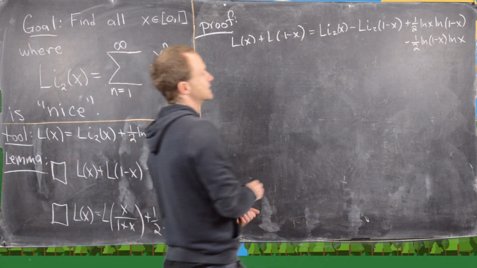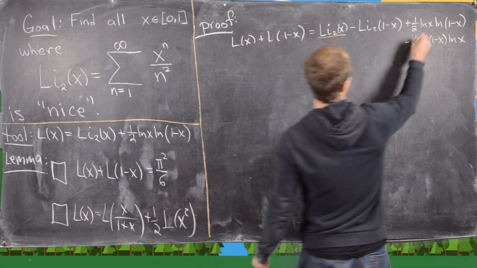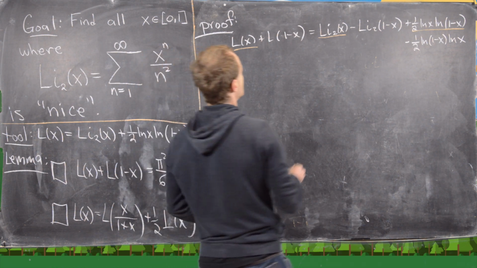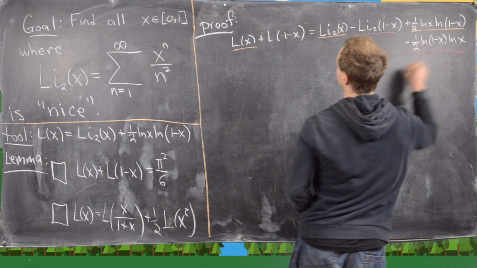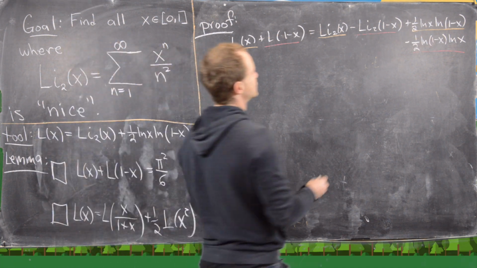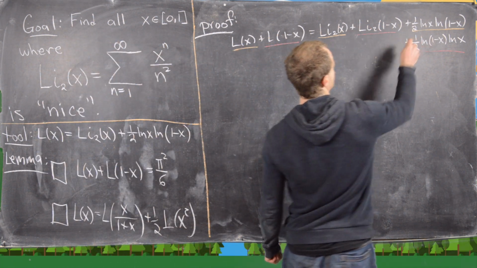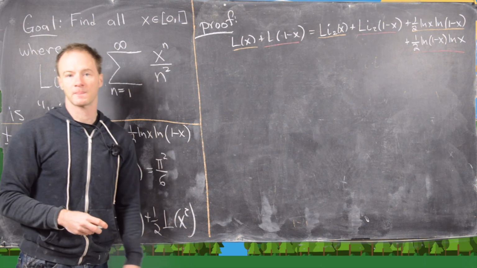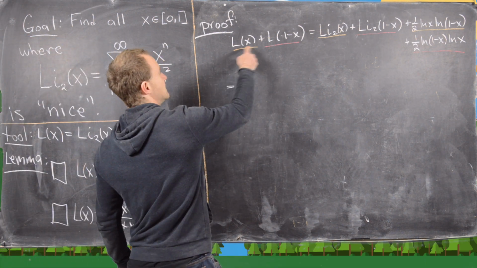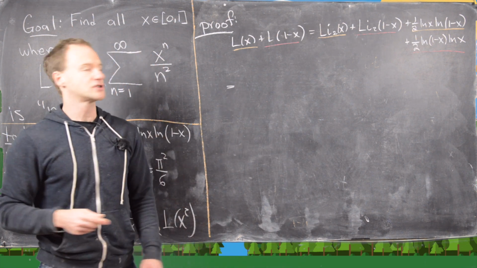Just so that we're keeping score, this and this make up our function L of x, and then this term and this term make up our function L of 1 minus x, and I just realized here I need plus signs instead of minus signs, so we're good. Now we can replace these dilogarithms with their integral form.